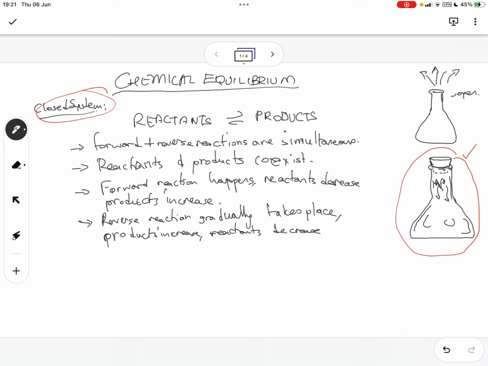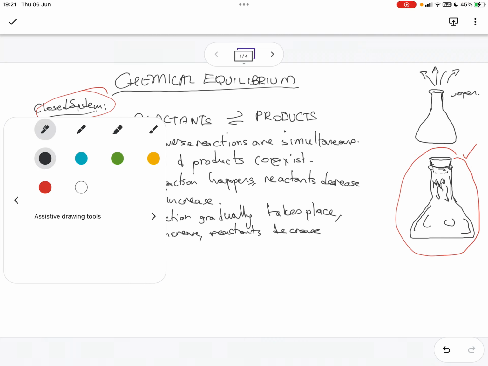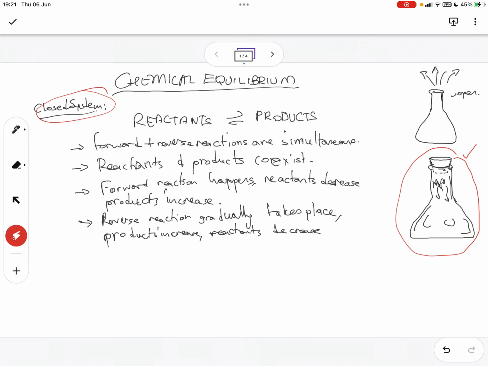As it happens, that flask is closed. It's propped up at the top so nothing can leave or come in during the reaction. So this is a closed system.